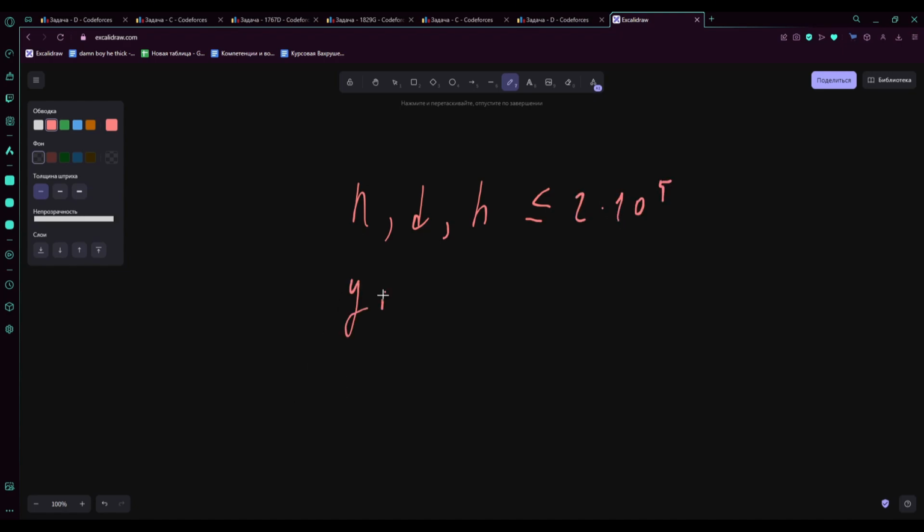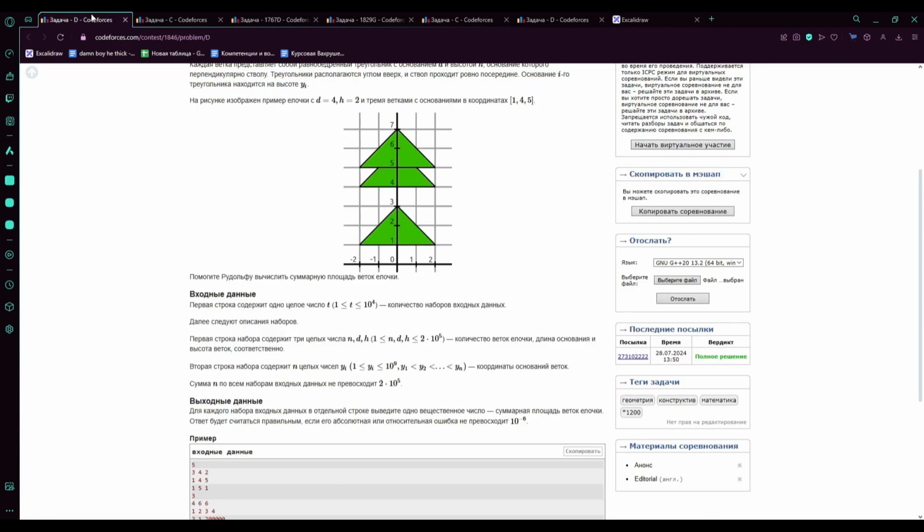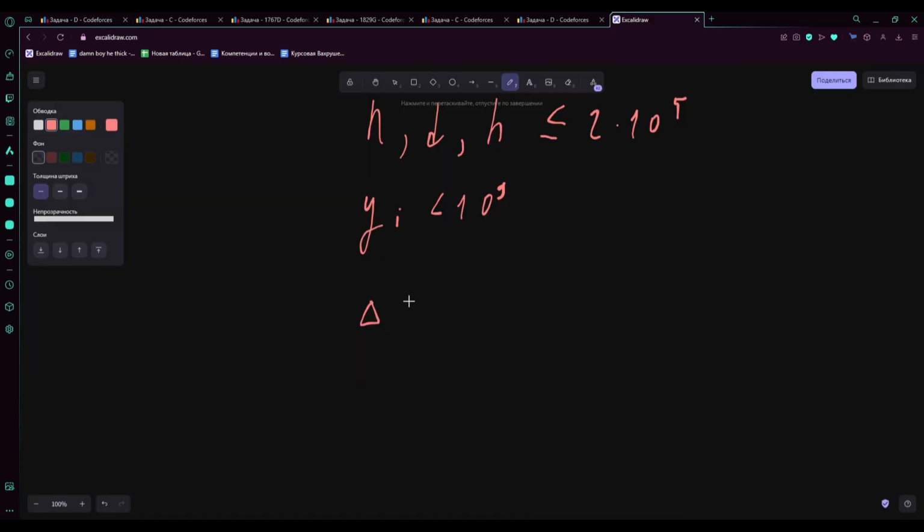The y values are less than 10 to the power of 9. Sorting is not required. They are all arranged in order of growth, that is, from smaller to larger, everything is normal. If you feel like sorting them, you don't need to. And the error limit is no more than 10 to the power of 6, which is denoted as the delta in the answer. I'll write it like this for clarity and understanding. Less than 10 to the power of 6.